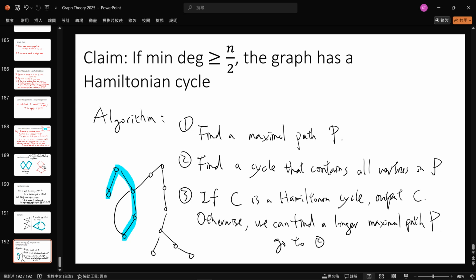Now, let's first consider the third step: when the cycle is not a Hamiltonian cycle, how to find a longer maximal path.